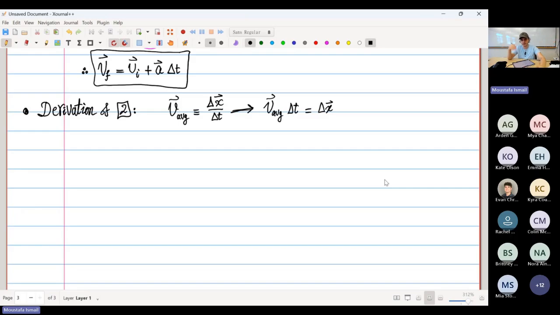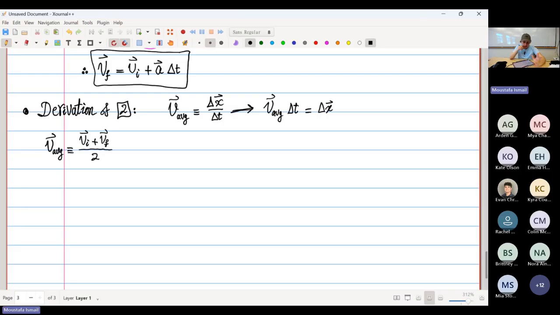So you get 8 divided by 2, that's 4. So we defined it kinematically, but there is also a statistical definition, which is V initial plus V final all divided by 2.